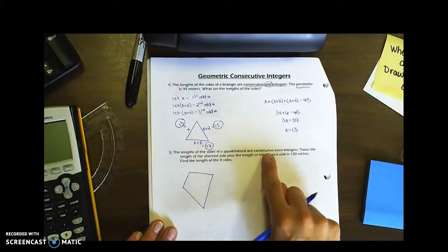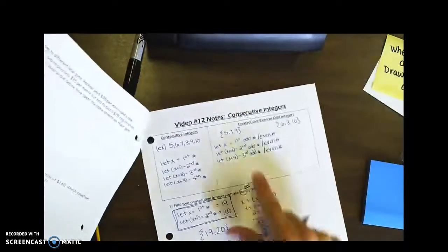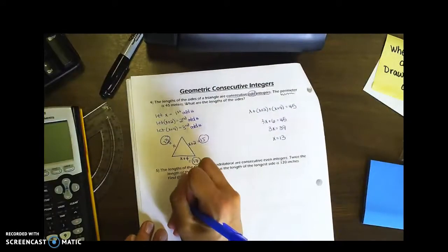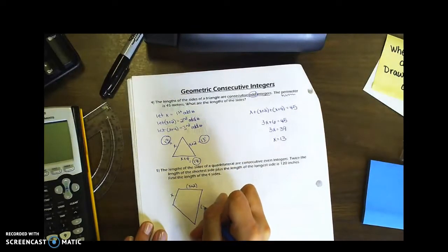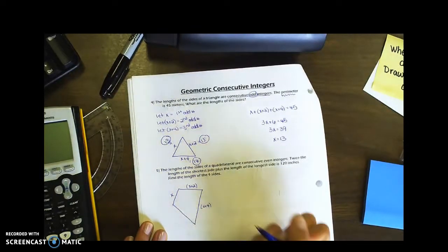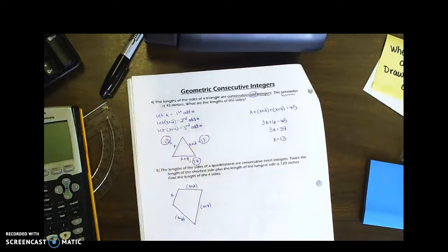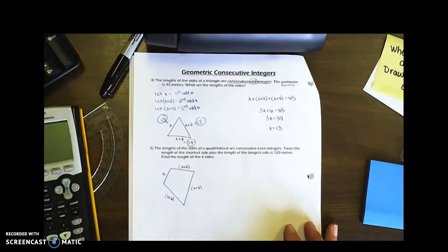It says they are consecutive even integers. So if they're even, that means I have to use these ones over here. So I'm going to have x, x plus 2, x plus 4. So then the next one should be x plus 6. So instead of writing out let statements, I'm just going to put them in the picture this time.